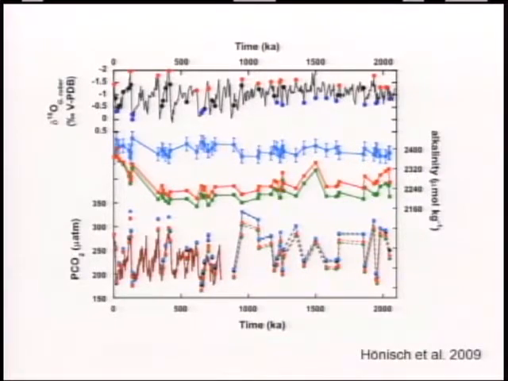On the top panel, you see the oxygen isotopic composition of planktic foraminifers, which I used as an indication of which ones are the glacial and the interglacial samples, so that I could really go after the extremes in the CO2 reconstructions. The red dots indicate the interglacial extremes, the blue dots indicate the glacial extremes, and black dots indicate transitional samples that I measured for boron isotopes.